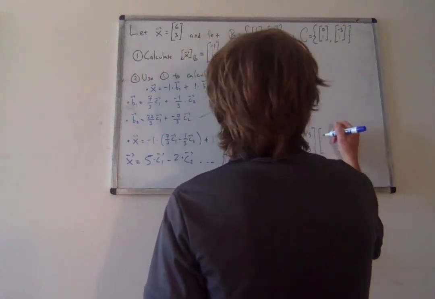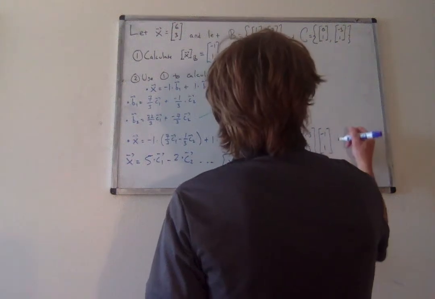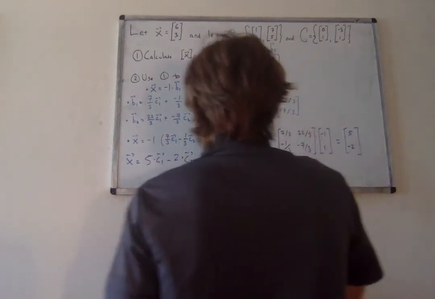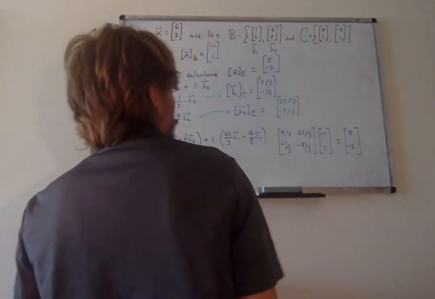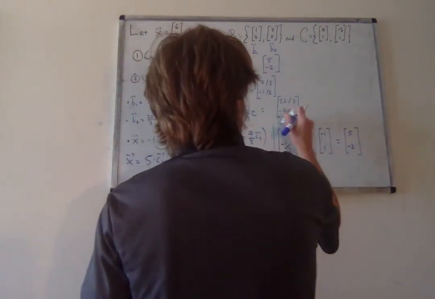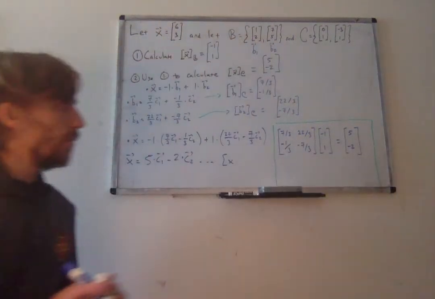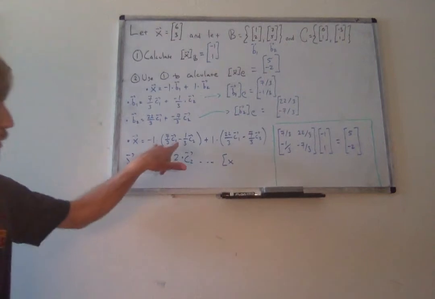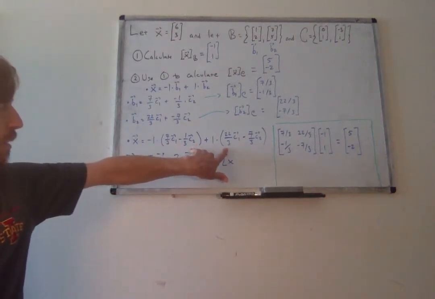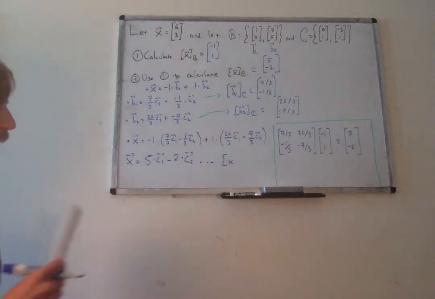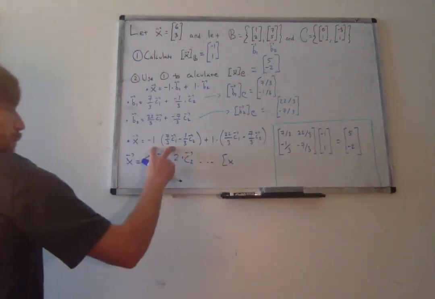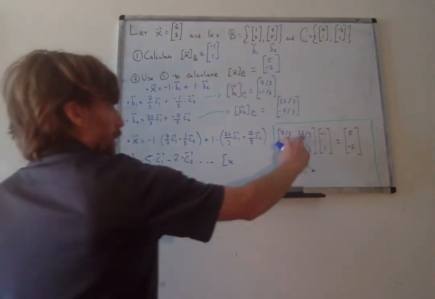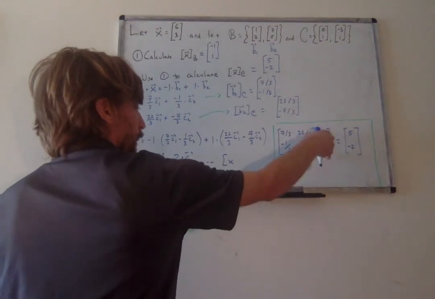and multiply by, so notice what we actually did to calculate this vector was multiply this matrix by this vector. If you look at this expanded product here, this coefficient of 5 comes from -7/3 times -1 plus 22/3 times 1, which is exactly what's happening here.